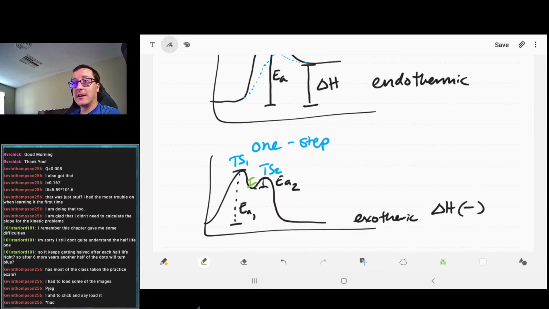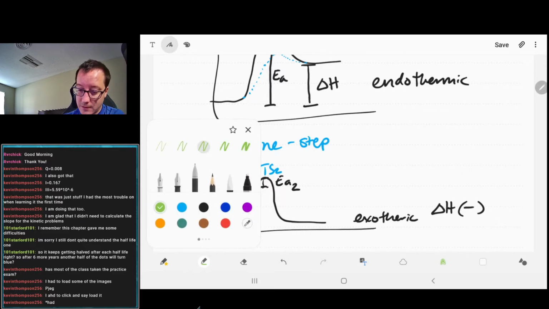For the intermediate, a second activation energy is as if we were just taking this and now we're starting with our intermediate. And so we're looking at the intermediate's energy versus the second hump, and that's going to be our second activation energy. We'll technically have 2 delta H's here if we wanted. Remember that according to Hess's law, we can add delta H's up.